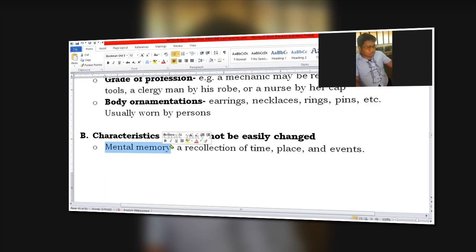So when you say something that is a lie, that is contradictory to your mind, because your memory says that this is the truth. And memory is difficult to change. That is why there are techniques to determine whether a person is lying or not, either through observation or through scientific methods.